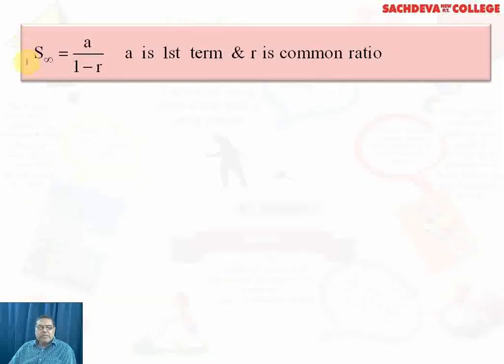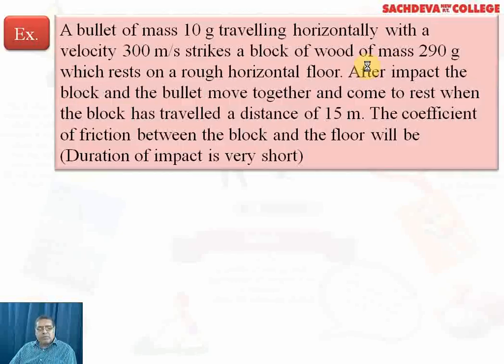So the formula is the sum to infinity of a geometric series, a over 1 minus r, where a is the first term and r is the common ratio. Common ratio means r is the second term divided by the first term. If r is less than 1, in the denominator it should be 1 minus r, but if r is greater than 1, the formula should be written as a over r minus 1.